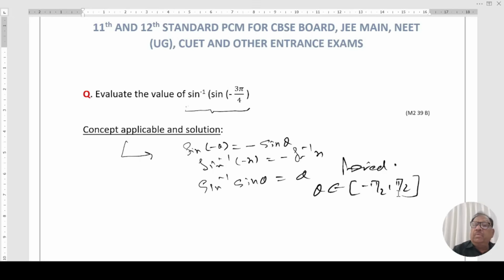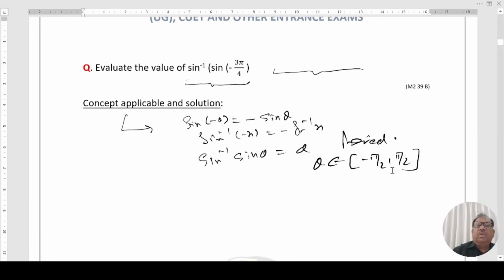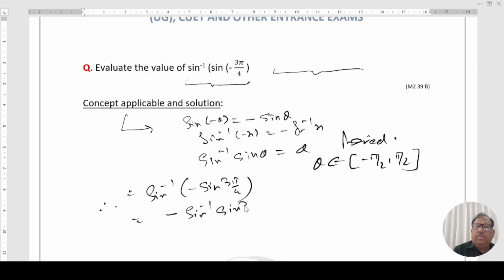If nothing is mentioned regarding x, we have always to consider the principal value branch. Therefore, sine inverse of sine of minus 3 pi by 4 comes out to be minus sine inverse of sine 3 pi by 4.